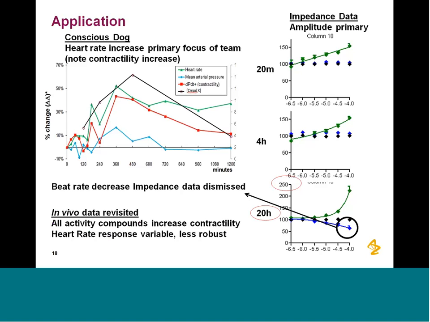And some compounds only affect contractility, not rate. So this new interpretation that is driven by this data seems to fit better. And this is, again, trying to share our current experience. I think this is likely to be valuable for the project.